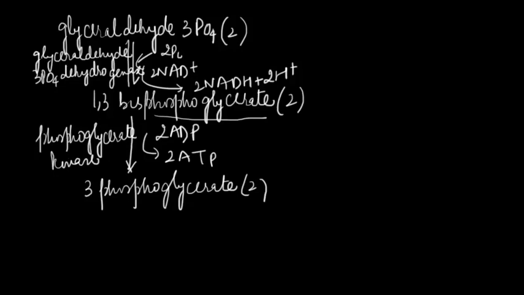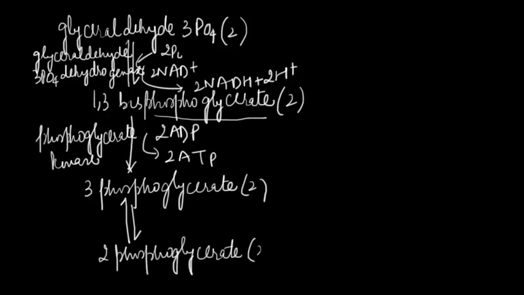Next, this 3-phosphoglycerate gets converted to 2-phosphoglycerate, and the enzyme catalyzing this reaction is phosphoglycerate mutase.